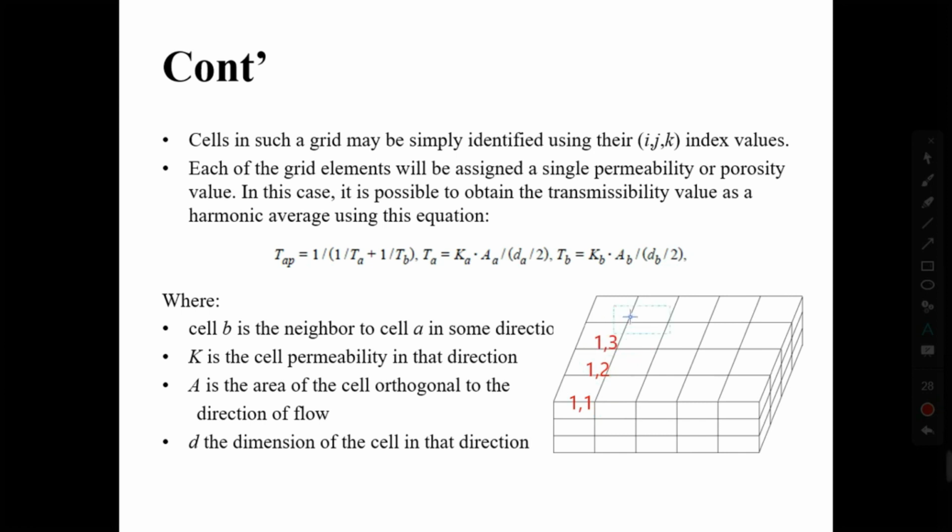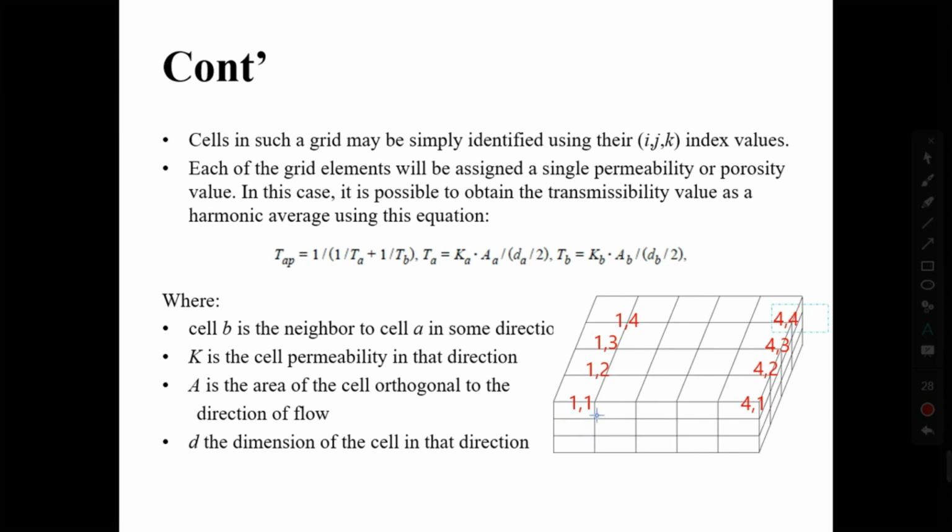This one is 1, 4. This one is 4, 1. This is the address of each block. So we can set up properties based on their addresses and then do our simulation job. 4, 3, 4, 4. So this is in the x direction, this is in the y direction, and this is in the z direction.